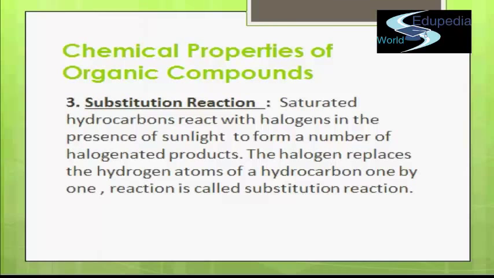Since the C-C and C-H bonds in saturated alkanes are very strong, the saturated hydrocarbons react with halogens in the presence of sunlight to form a number of halogenated products. The halogen replaces the hydrogen atoms of a hydrocarbon one by one, and this reaction is called substitution reaction.